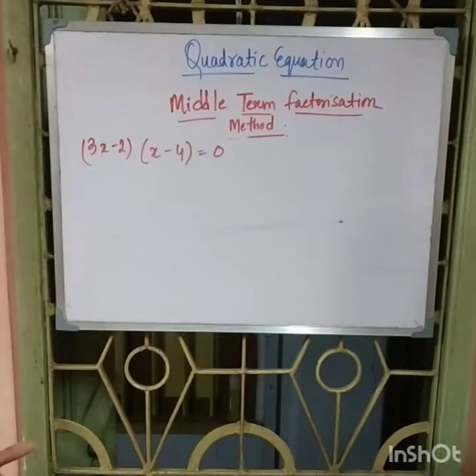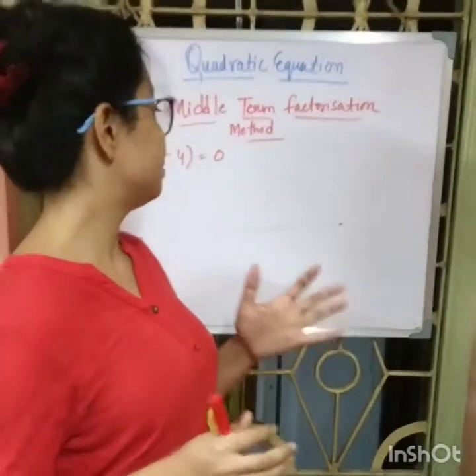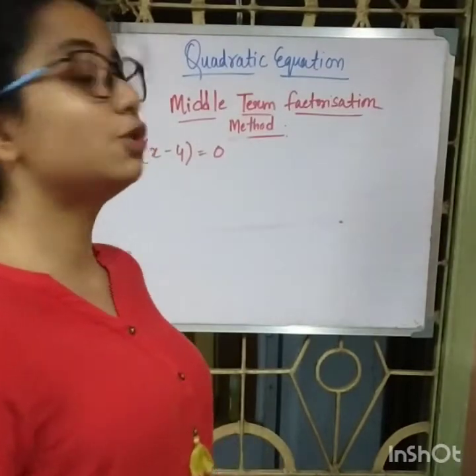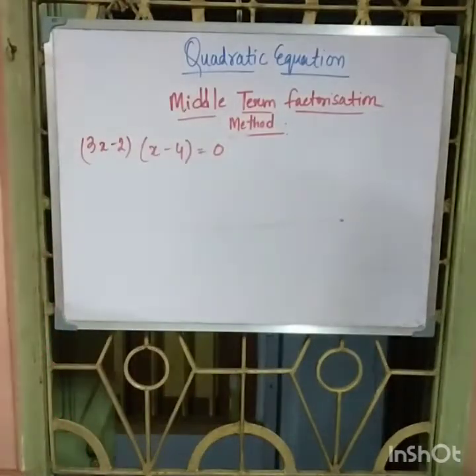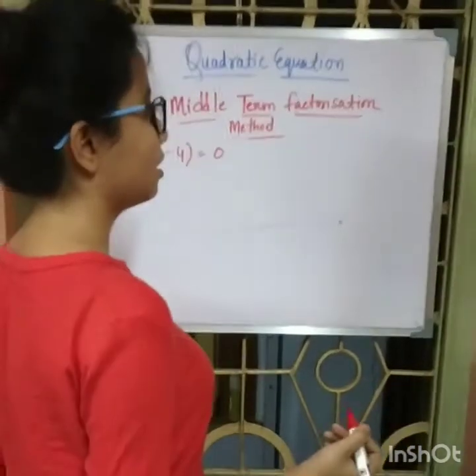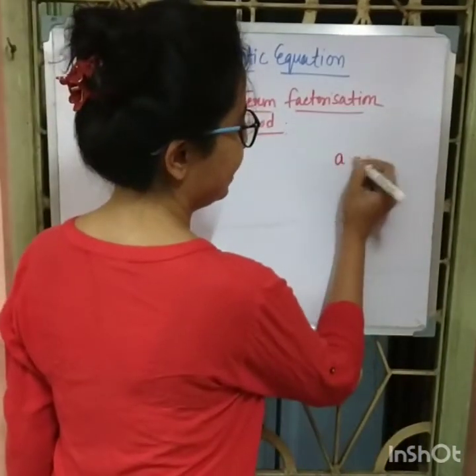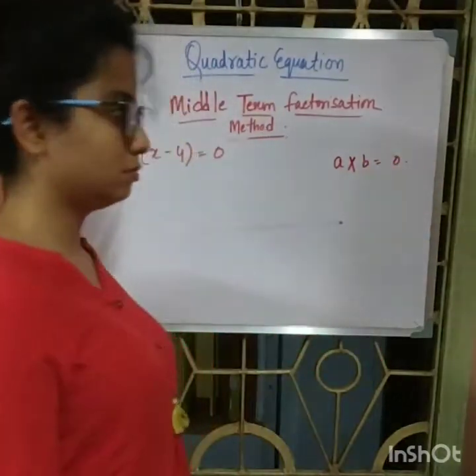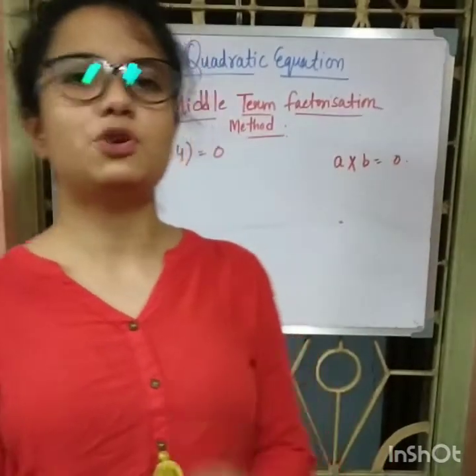So now comes the zero product rule. What is this rule? We all know that if we write A into B is 0, there can be three possibilities.